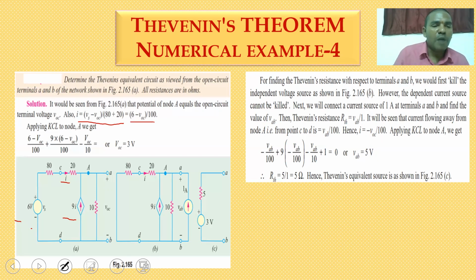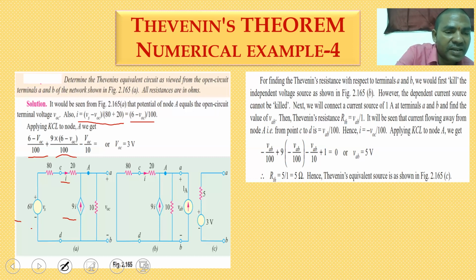Okay. Then apply the KCL at node A. So 6 minus VOC divided by 100 is the first branch current. 9I is the second branch current. And what is I? I is 6 minus VOC by 100. So 9 into 6 minus VOC by 100 is the second current. And the third current is VOC by 10.